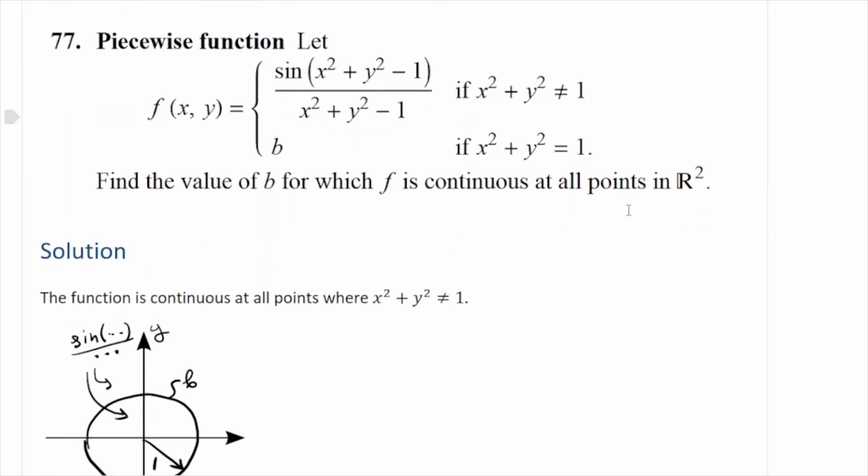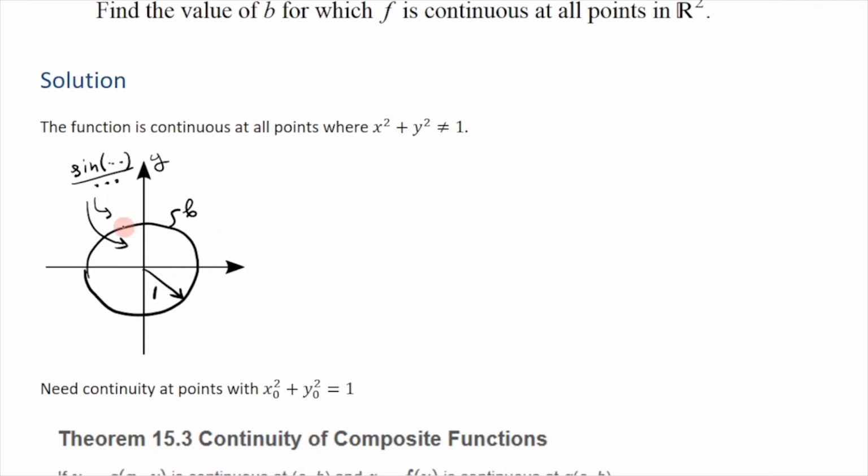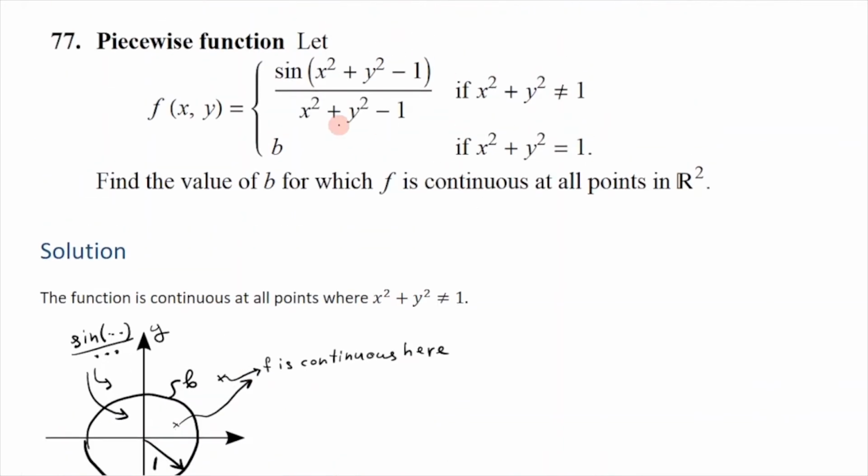Now, first, let's understand that this guy will not give us any problem as long as we're not on the unit circle. So at any point outside or strictly inside the unit circle, this function is continuous, irrespective of what b is. The reason why is because this polynomial will not give you any trouble.